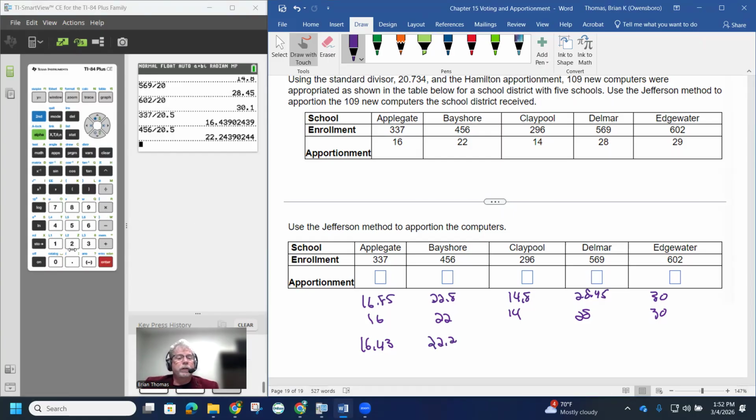We do 296 divided by 20.5, 14.4, so that stays at 14. 569 divided by 20.5 is going to give me 27.7.